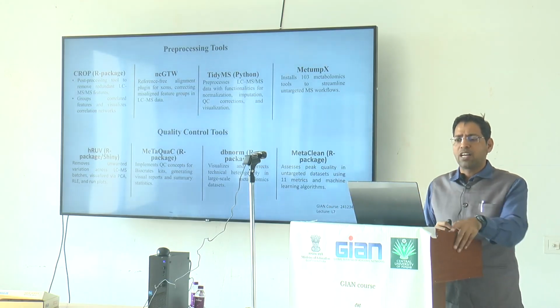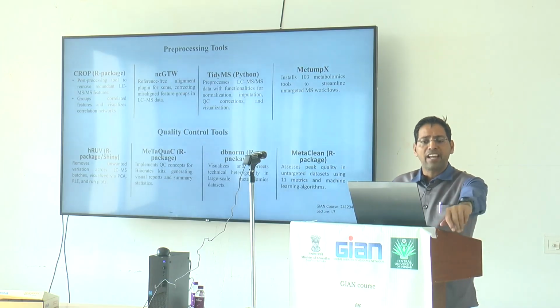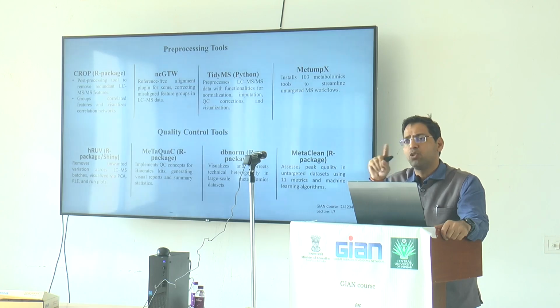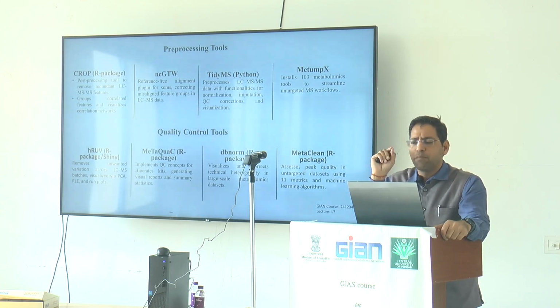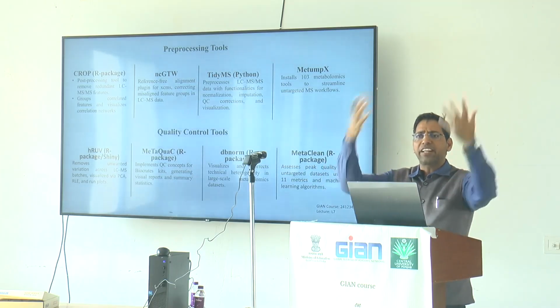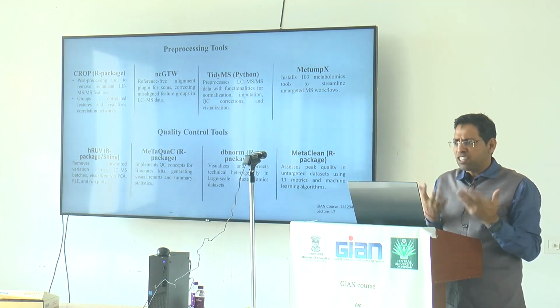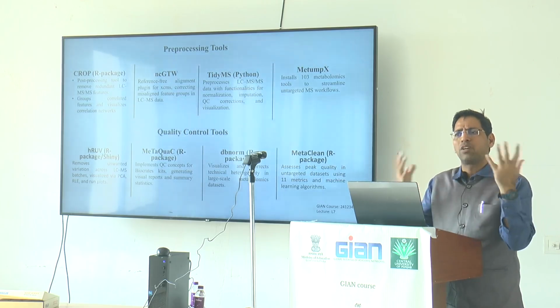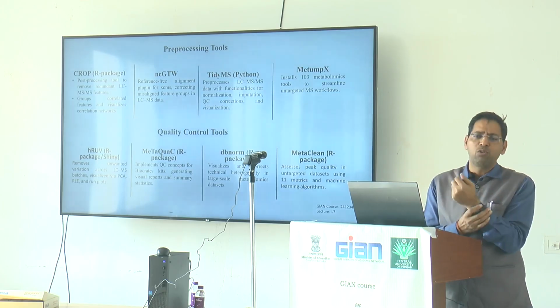The first tool was the CROP package. So this is the post-processing tool actually. It is used after processing even to remove the redundant LCMS features. So when you are extracting the features, you will identify some features that come up, but they are not useful for you. They are making some wrong interpretation. So you have to remove those features.